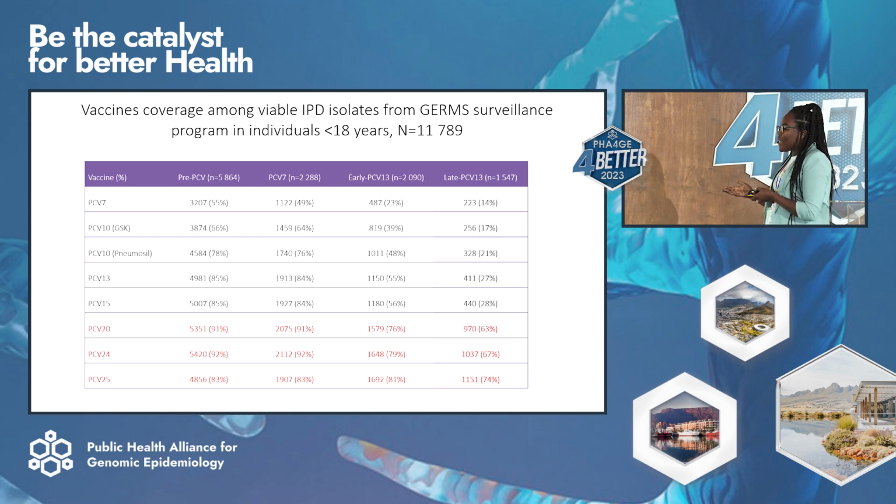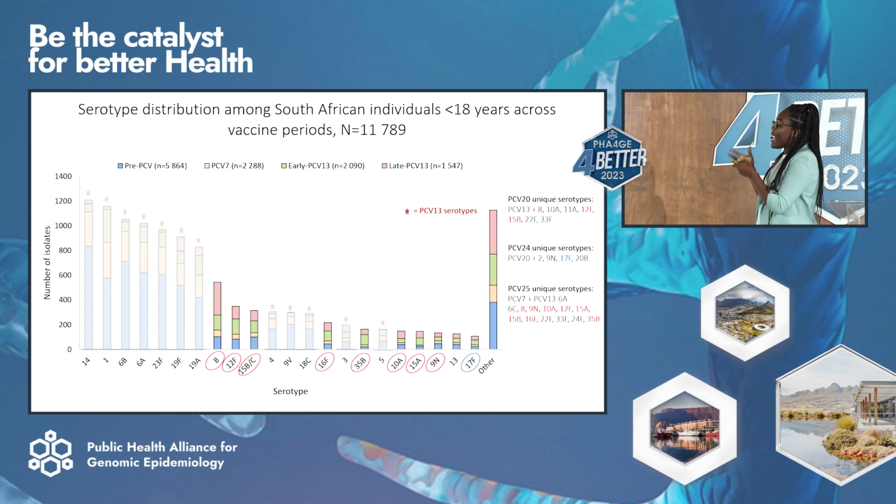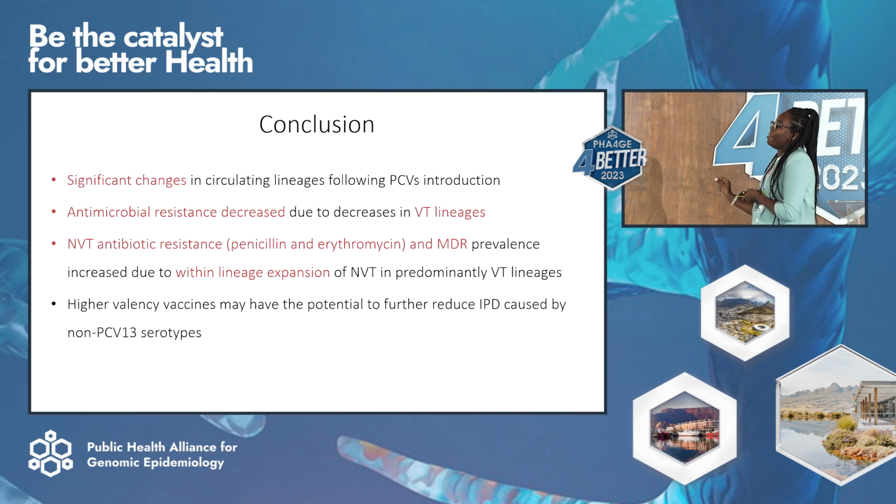But additional studies still need to be conducted to evaluate the cost effectiveness of this. And the added coverage of PCV25 was because this vaccine formulation covers some of the serotypes that are currently predominant in South Africa, and those are the ones that are highlighted there.